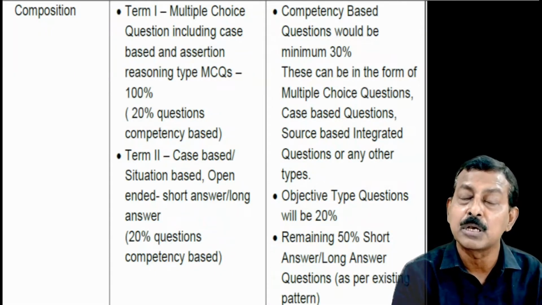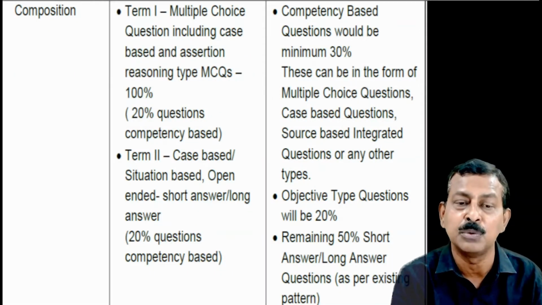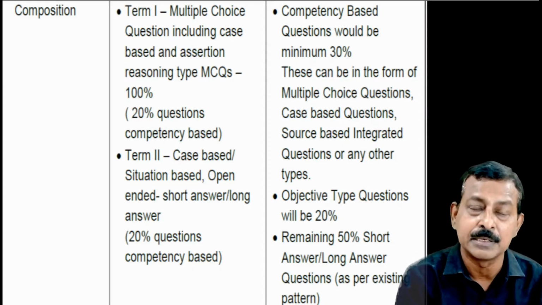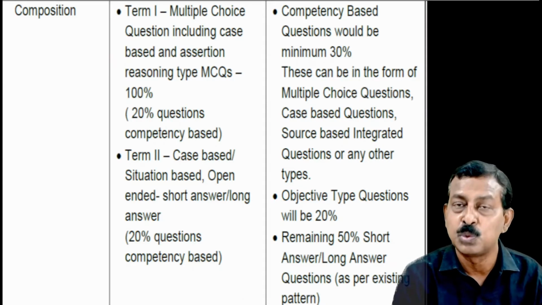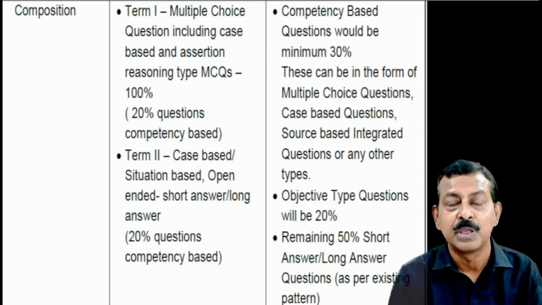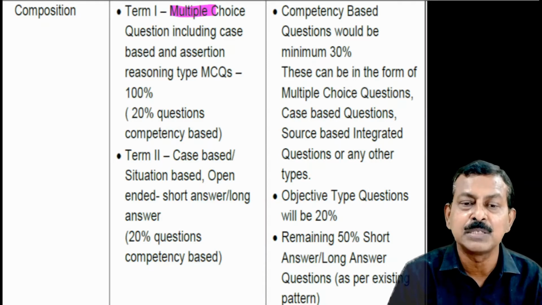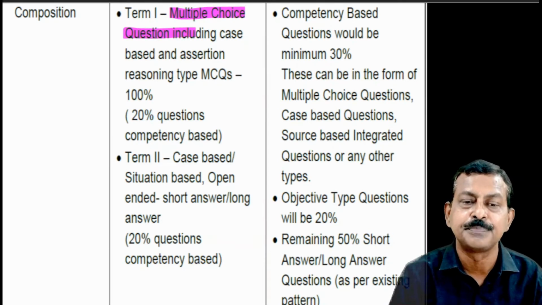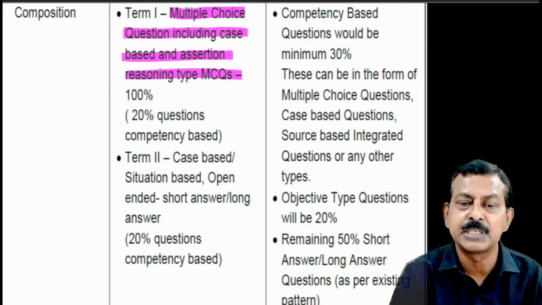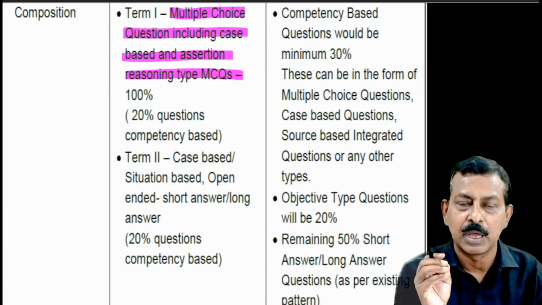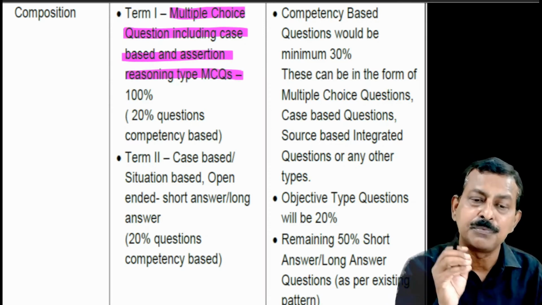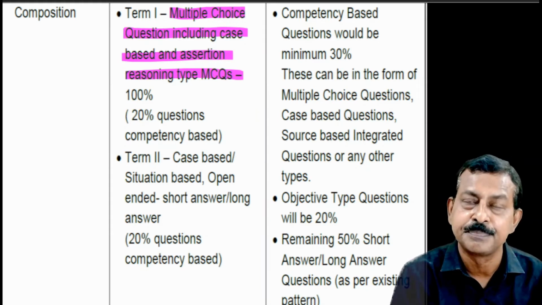But what about the composition of the question paper now? Earlier, for the batch 2021-22, we had term 1 and term 2 examinations. Term 1 was multiple choice questions, including case-based and assertion-reasoning type MCQs, and all questions were of MCQ type.